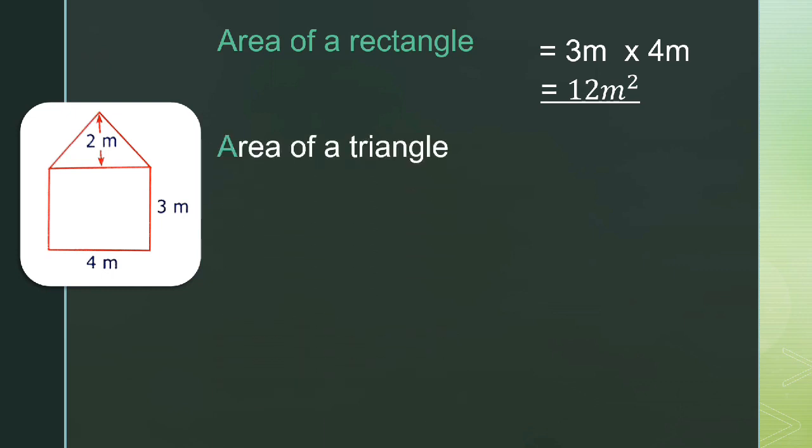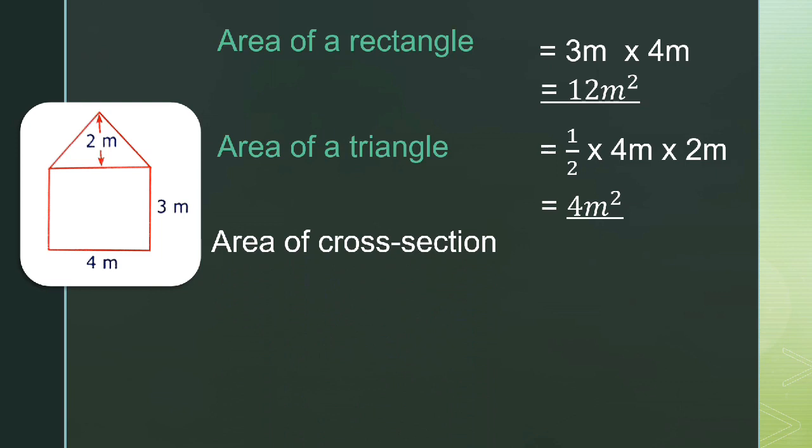Next, we will solve the area of our triangle, which is 1/2 times base times height. Our base is 4 and our height is 2. So we have 1/2 times 4 times 2 is equal to 4 meters squared. This is now the area of our triangle.